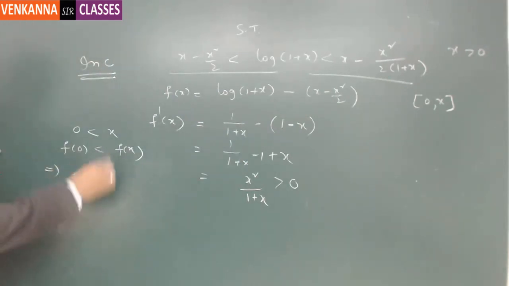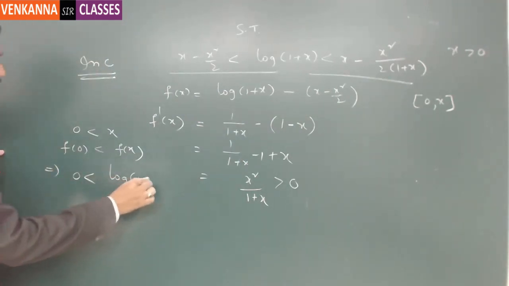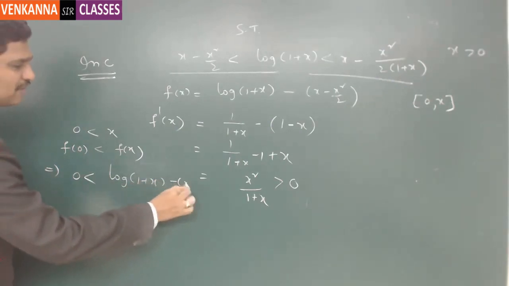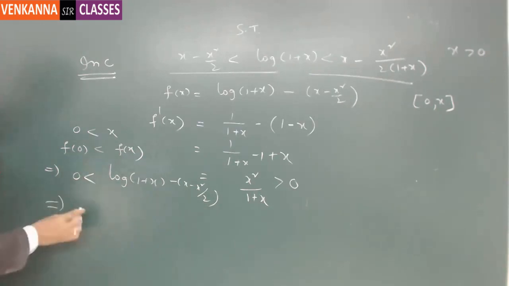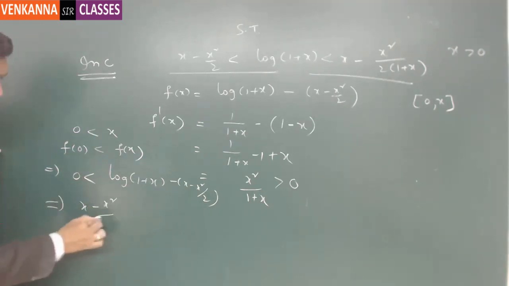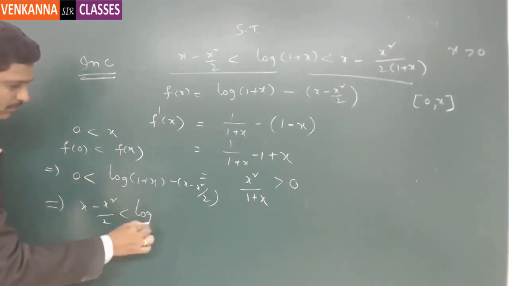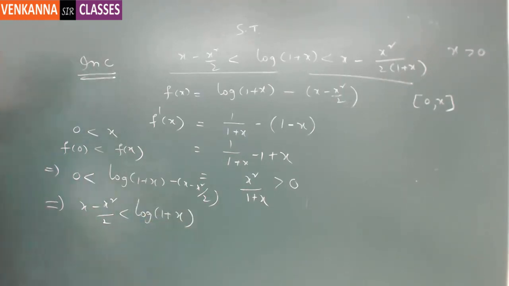So 0 is less than log of 1 plus x minus of x minus x square by 2. Taking this to the left gives the first inequality.